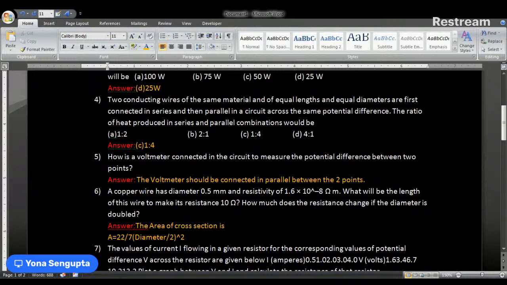I think I have it here. So the area is given by this. Now the diameter is given as 0.5.